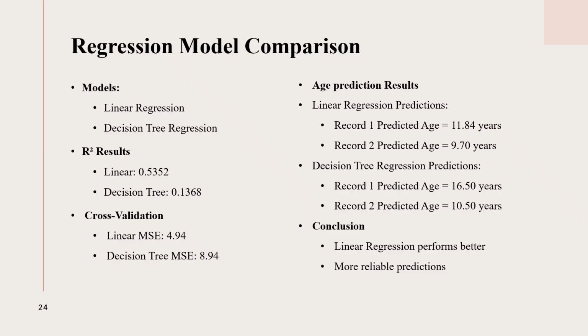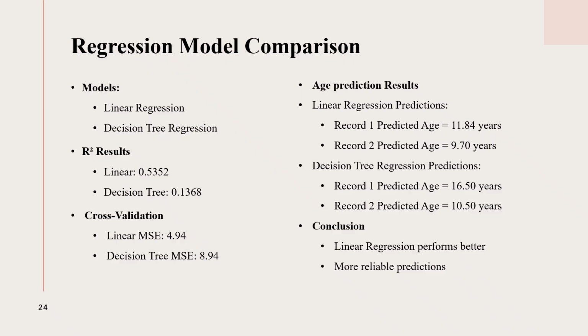The linear regression model achieved an R-squared value of 0.5352, which means it explained about 53.52% of the variation in the data. On the other hand, the decision tree regression model achieved a much lower R-squared value of 0.1368, meaning it explained only about 13.68% of the variation. This clearly shows that linear regression provided a much better fit to the data compared to the decision tree model.